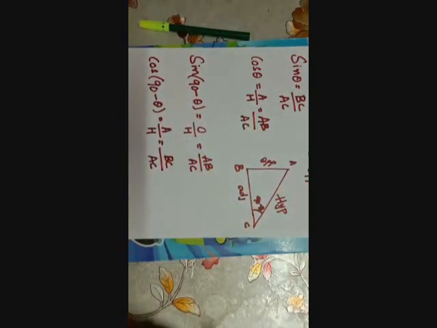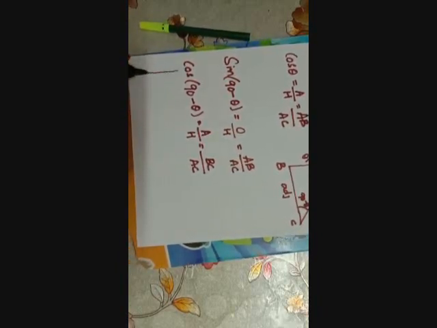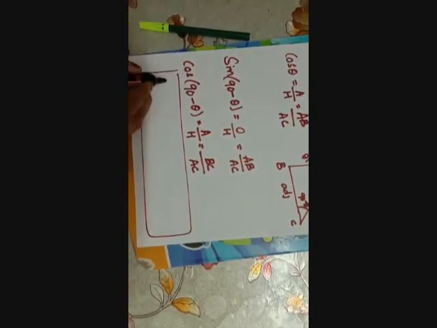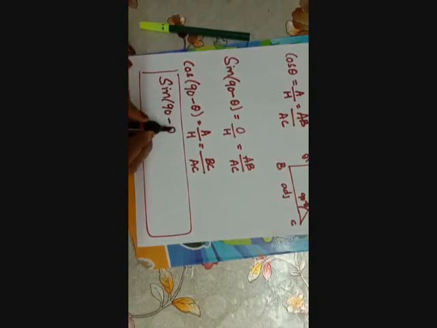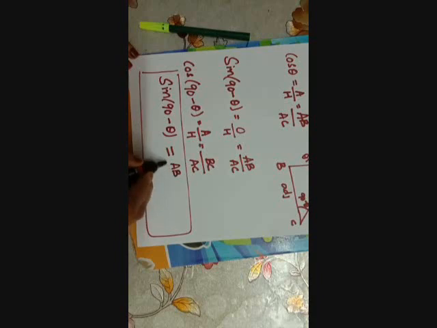Now listen, I am going to explain a small derivation. That is not important, but just for knowledge I want to explain this. Sine 90 minus theta, the answer is AB by AC.